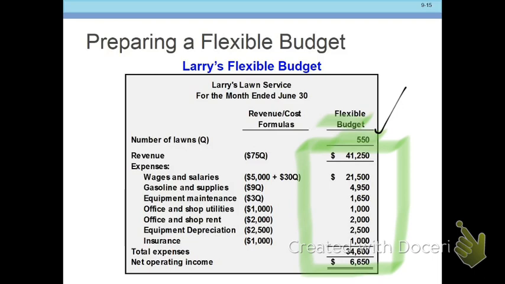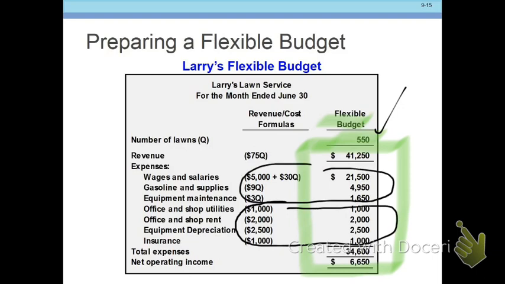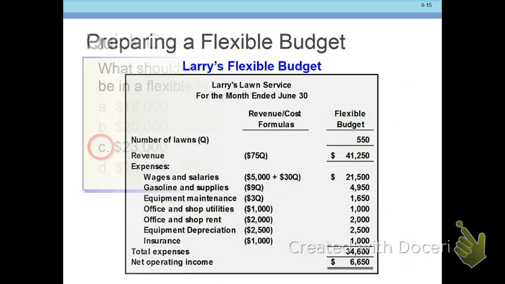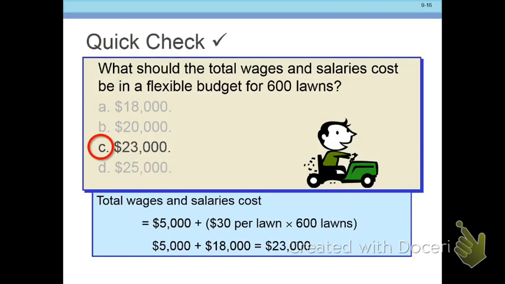With that, some of his costs are going to stay the same. Some of his costs are going to change because of the different quantity, the different amount of lawns. Now we can go ahead and compare. What would his costs be if he mowed 600 lawns? Well, his wage and salary is $5,000 in fixed costs plus $30 a lawn.